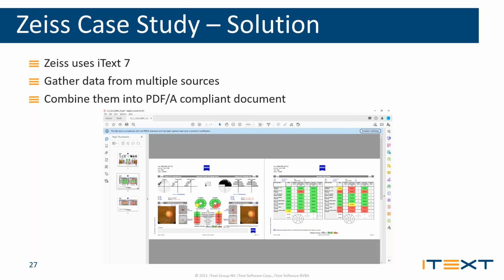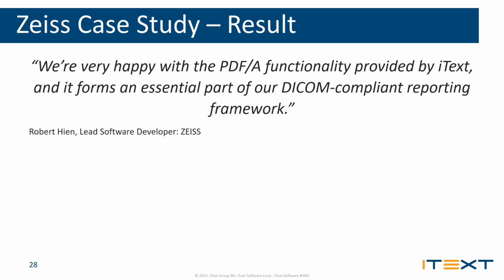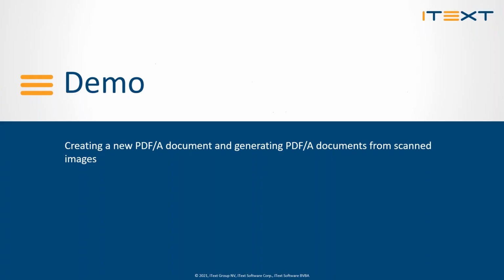You can gather data from multiple sources, then you can combine them into a PDF-A compliant document. And an example of the result you can see here, you have all that data together in one PDF-A compliant PDF. The result, a very happy customer. Here you can see a quote from Robert, the lead software developer at Zeiss. But to show you how easy it really is, we'll switch over to Michael now.